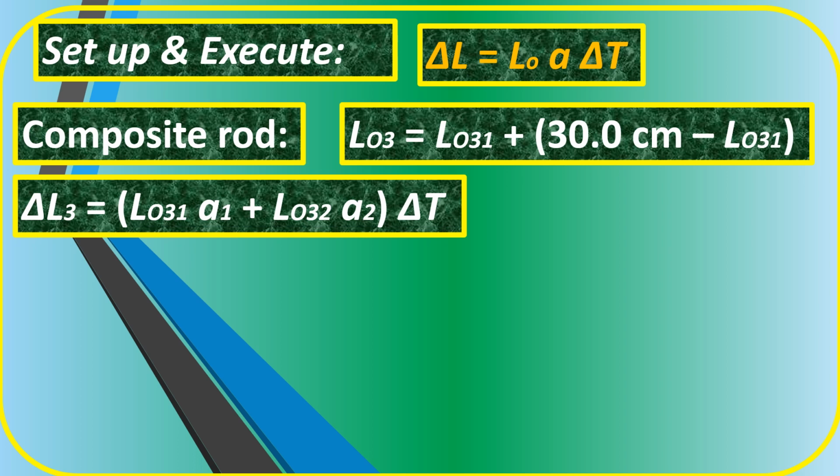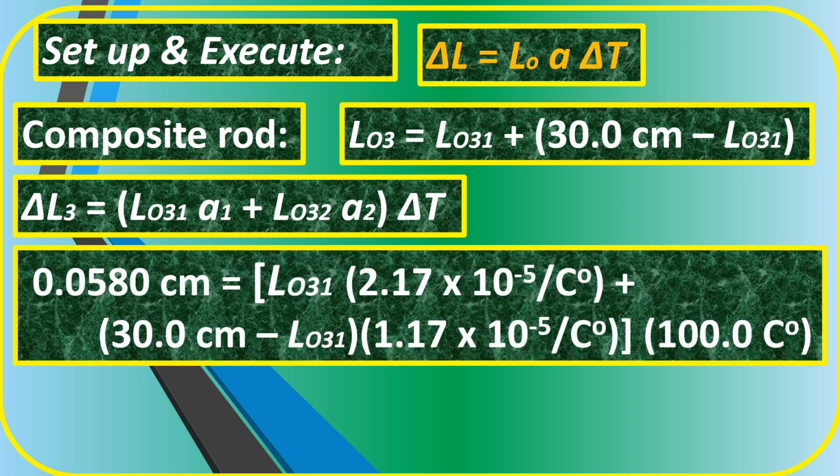And substituting the given values, our target variables, of course, are L naught 31 as well as L naught 32. So 0.0580 centimeters is the given value for delta L3. That is equal to the product of L naught 31 and alpha 1, which we have earlier calculated as 2.17 raised to the negative 5 per Celsius degree.